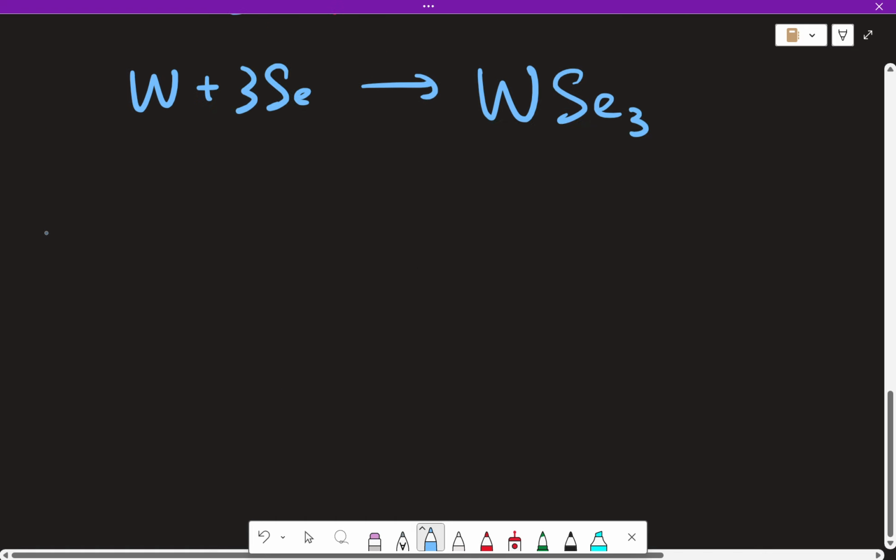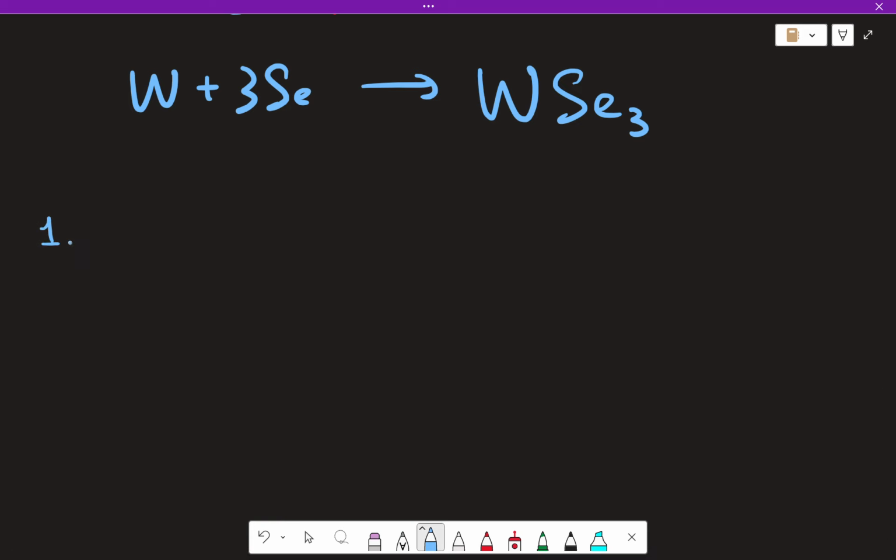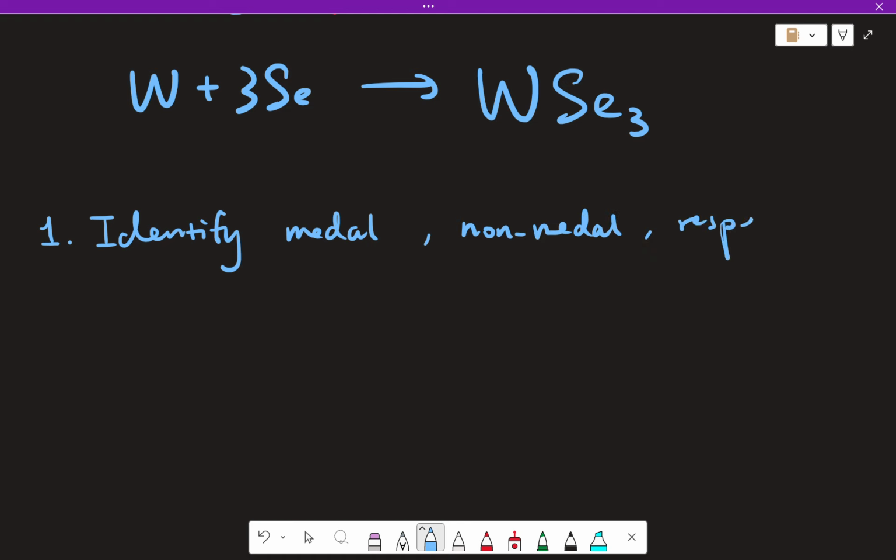So a little summary, when we are doing the redox half equations, we want to first identify the metal and nonmetal and their respective charge.